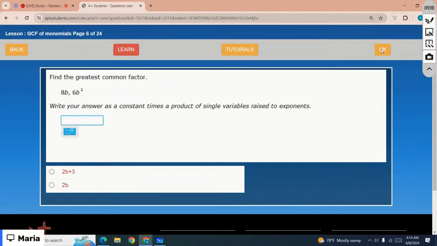Find the greatest common factor of 8b and 6b square. Which is the correct option?